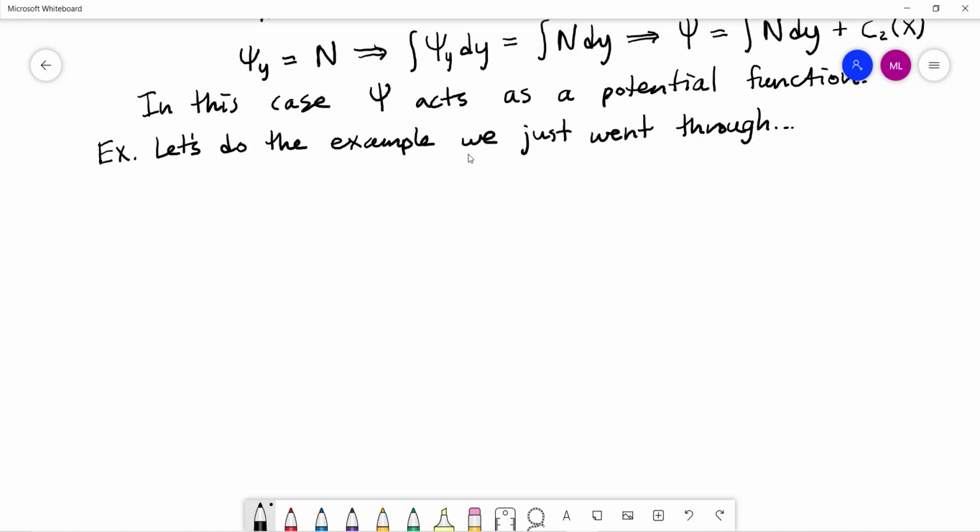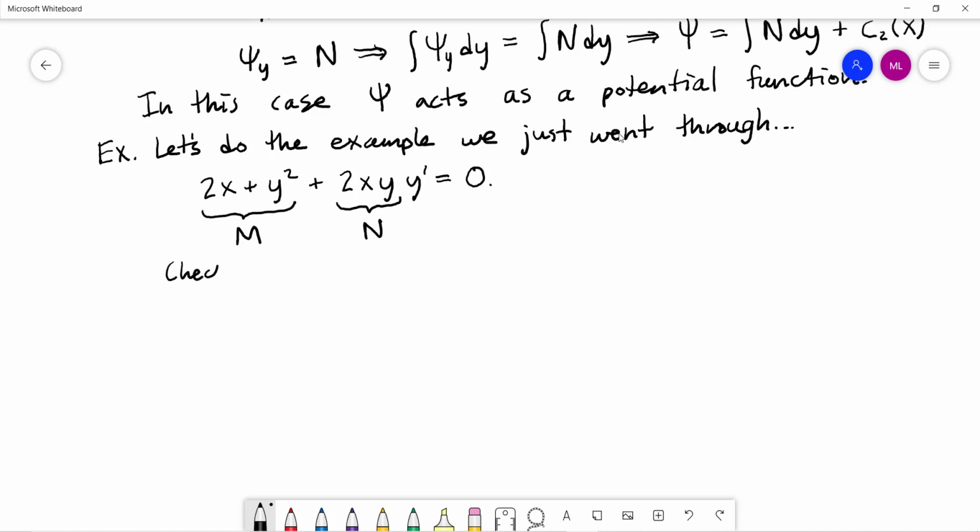So the original equation was 2x plus y squared plus 2xy y prime equals 0. And the first thing we need to do is assign m and n to these two pieces. So this is what I'm going to call my m, and this is what I call my n. And we now have m plus n times y prime equals 0.